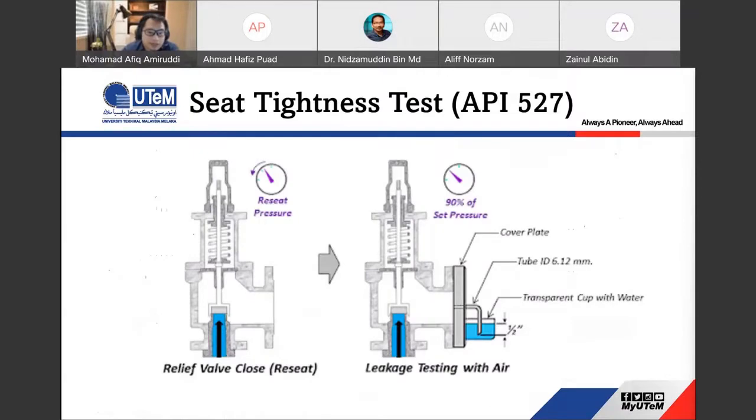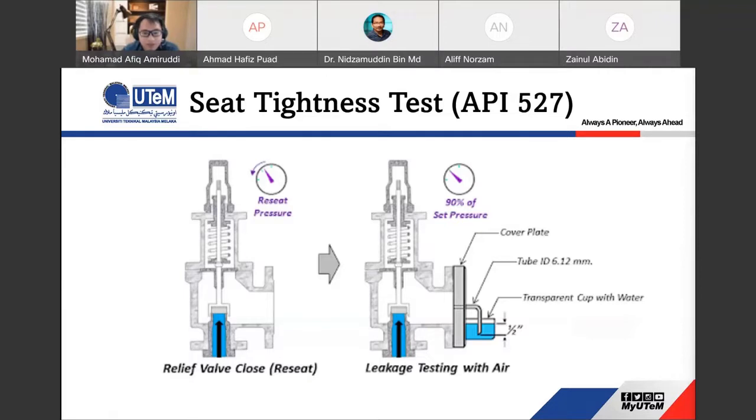This is an example of the process. First, the relief valve closes and reseats back to the original position. The material is still pushing the disc, and at 90% of set pressure, we monitor how much material releases after the reseat of the disc and seat.